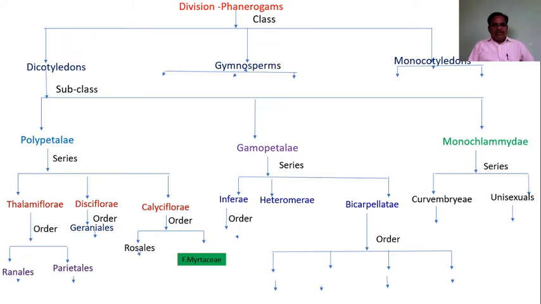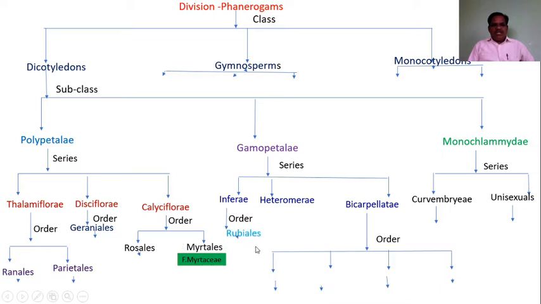Then one more thing, the Calyciflorae have the orders Rosales and Myrtales. Myrtales, as the name itself indicates, have the number of stamens again more, and the presence of operculum is found there.